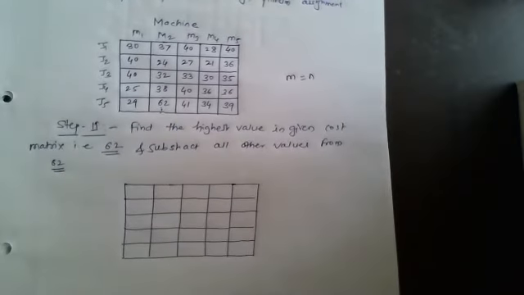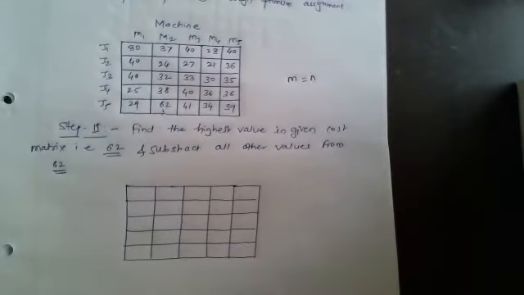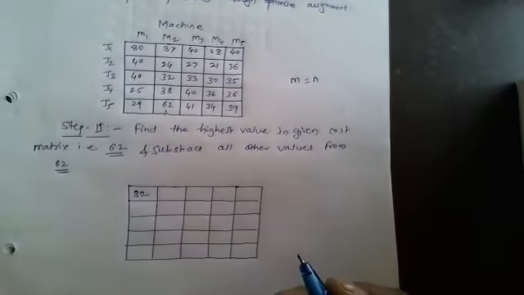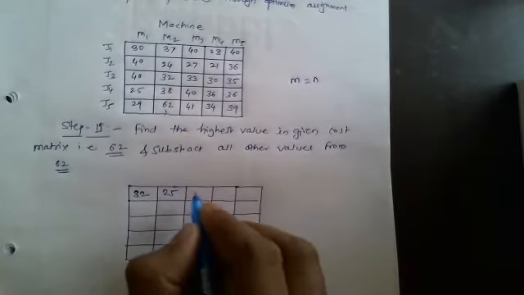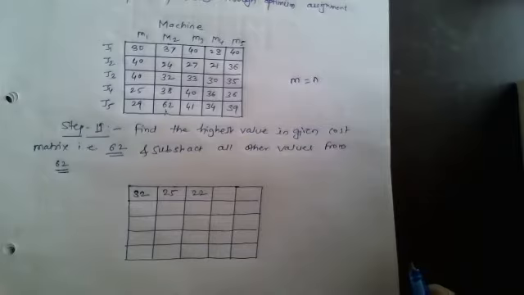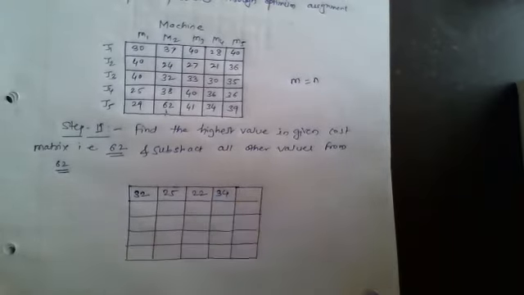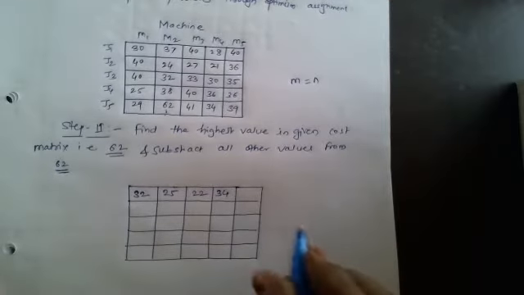You have to subtract each and every value from the 62. So 62 minus 30 will give 32. 62 minus 37 will give how much? I think 25. Next 62 minus 40 will give 22. Next 62 minus 28, it will give 34. Next 62 minus 40, it will give 22.